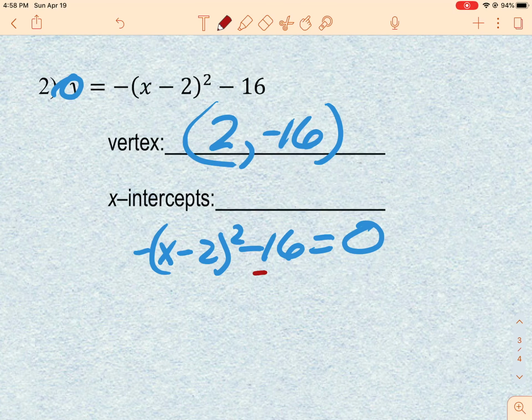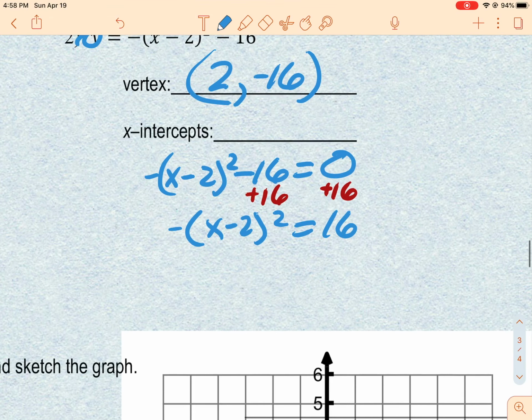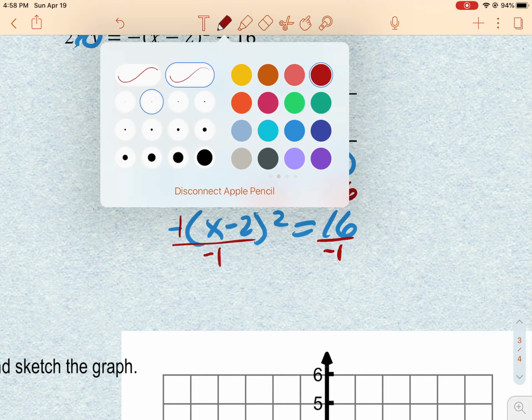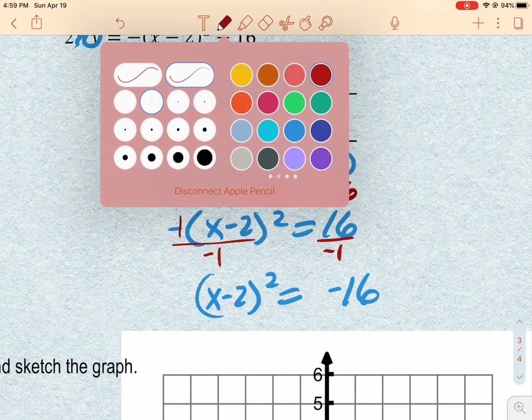So my first step would be to add the 16. So I'm getting a negative x minus 2 squared equals 16. And then I would either multiply or divide both sides by a negative 1, because there's a 1 out in front there. So then I'm left with x minus 2 squared equals a negative 16.